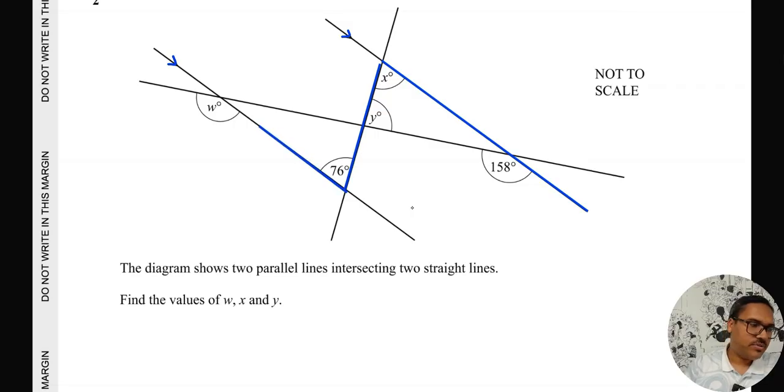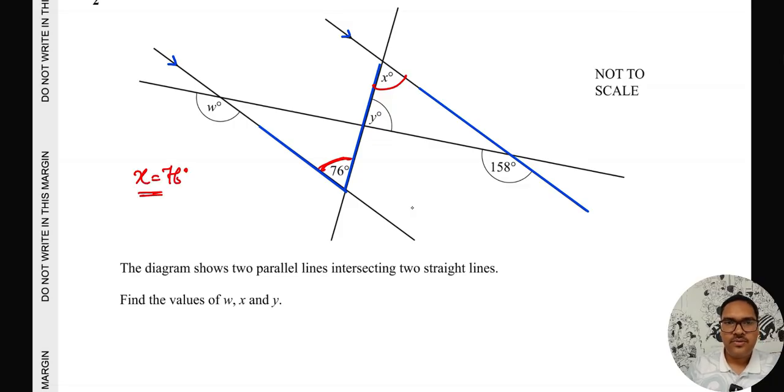You can see alternate opposite angles we are making, correct? So this angle will be equal to this angle, right? So x is equal to 76 degrees.